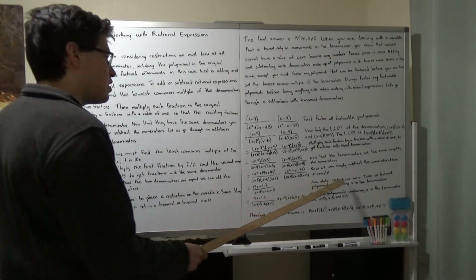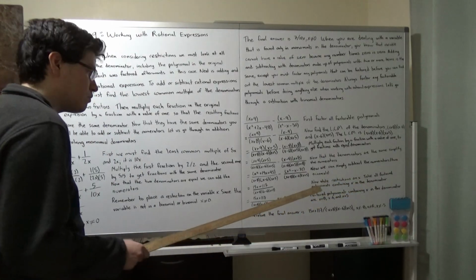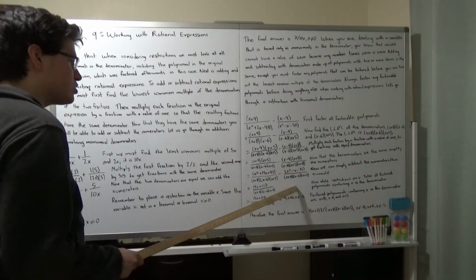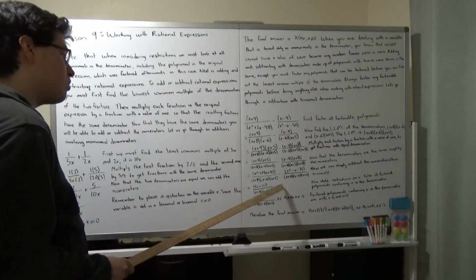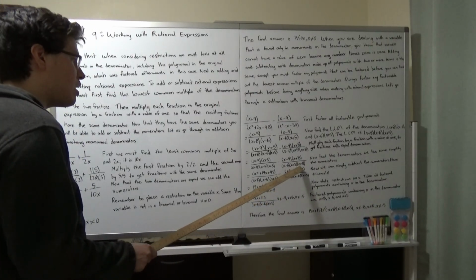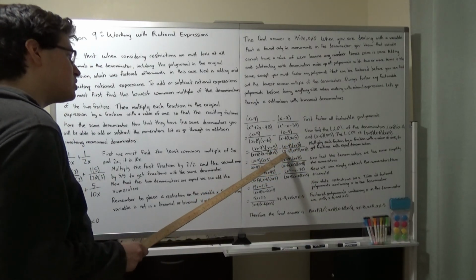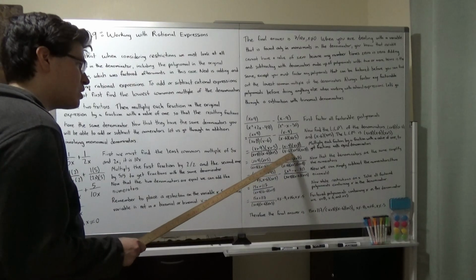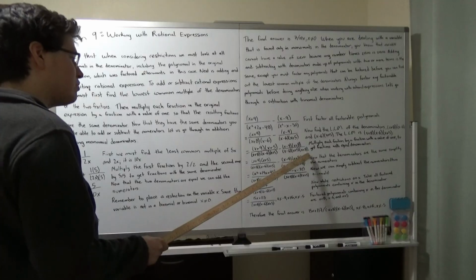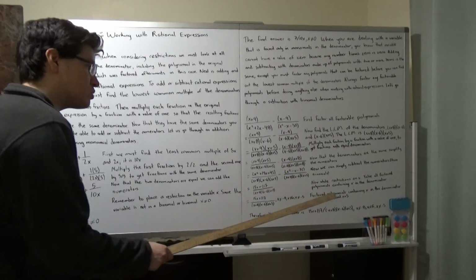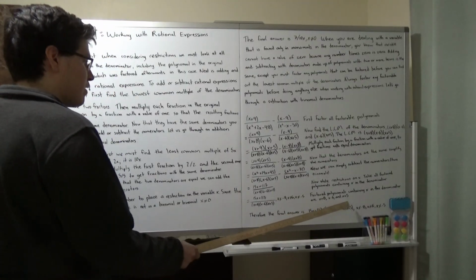Now state restrictions on x. Take all factored polynomials containing x in the denominator. We see that this only occurs in the lowest common multiple: x plus 8, x minus 6, and x plus 5.